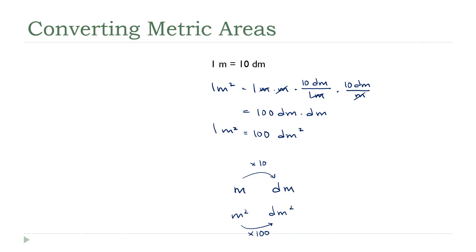So that's almost the same thing, but instead of moving one decimal place, it's going to move the decimal point two places. So to convert between metric areas, we do the exact same thing with counting positions on our line of prefixes and moving the decimal point, only now we move the decimal point two places for every step to get from one unit to the next instead of one place.